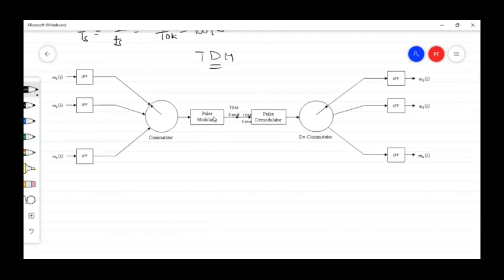It is modulated and sent through the channel, and at the front end of the receiver, we have a demodulator. It will get back its sample, and that sample should be connected to the upper low pass filter in order to get M1.